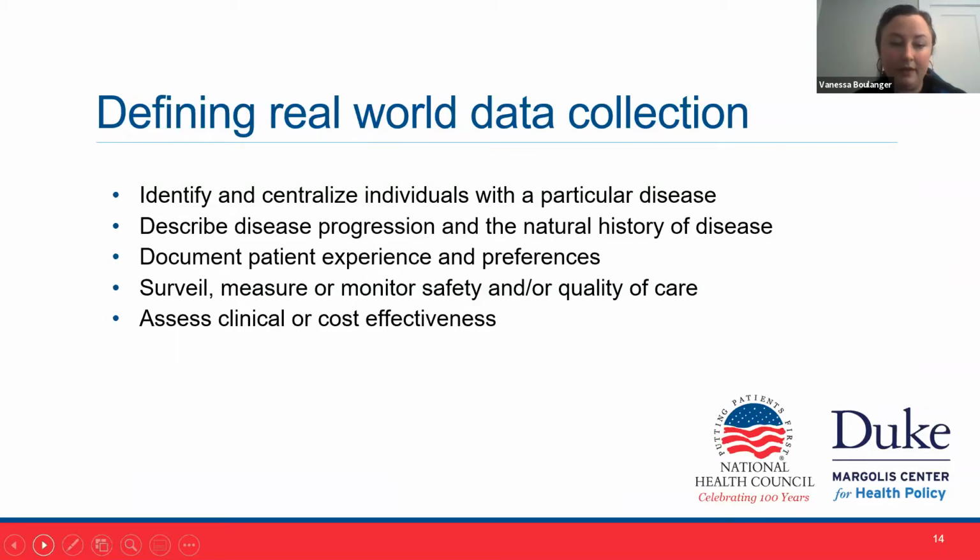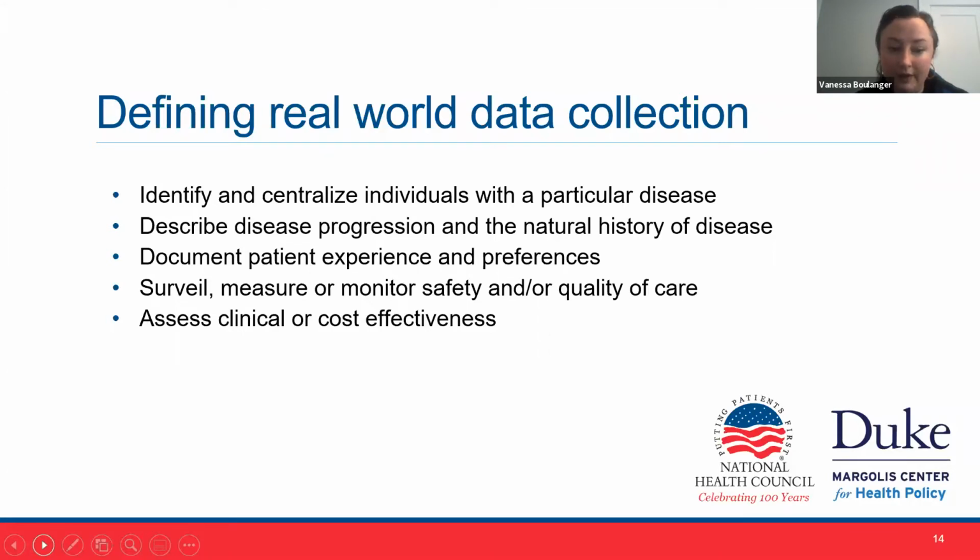So, patient registries can be used to identify and centralize individuals with a particular condition. They can be used to collect data that describes disease progression and the natural course or natural history of a disease. They can be used to collect patient experience or patient preference data.